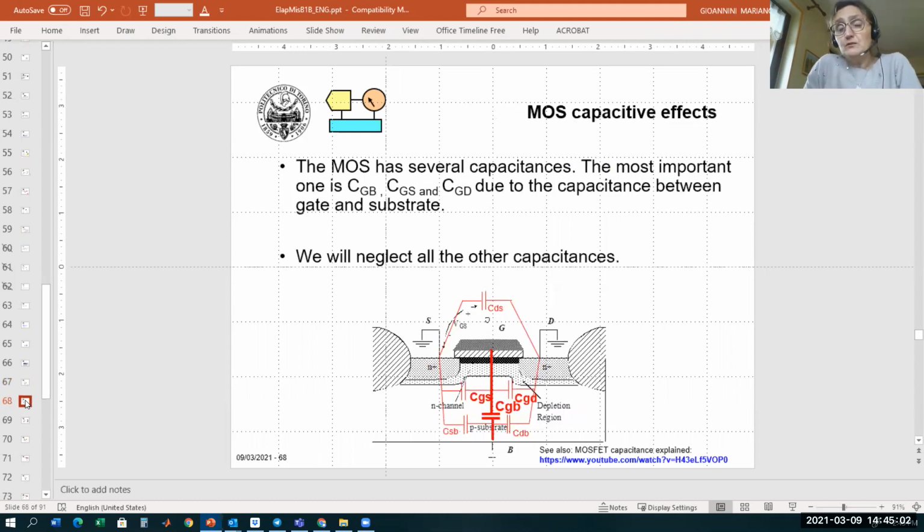The first thing that we must remember is that inside the CMOS, we have several different parasitic capacitances. So the MOS is a device that allows a flow of current controlled by the voltage that we apply between the gate and the source.